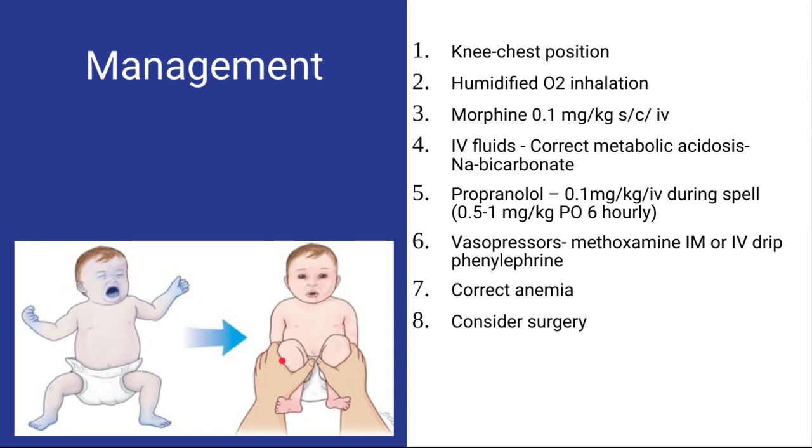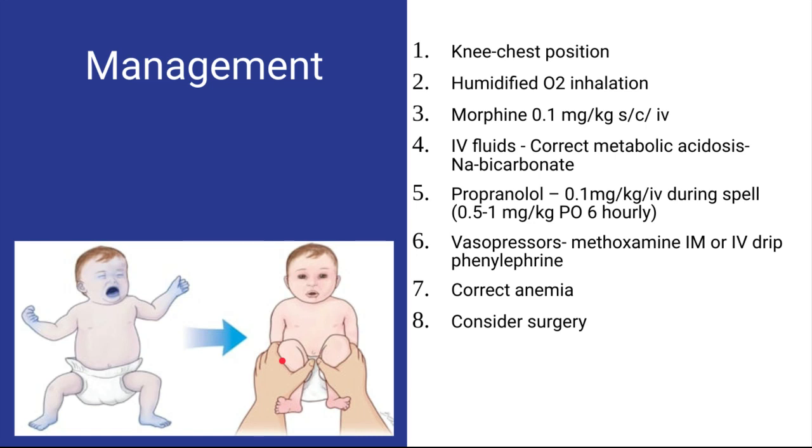Then morphine can be used for sedation and pain relief. Then IV fluid, if the cyanotic spell is triggered by dehydration, and metabolic acidosis can be corrected with the help of sodium bicarbonate.